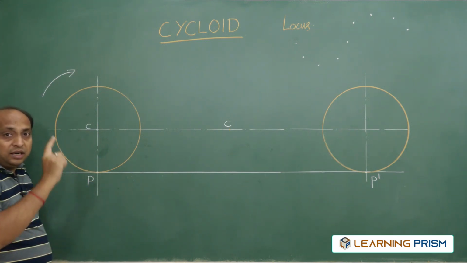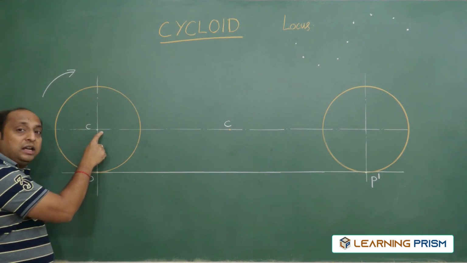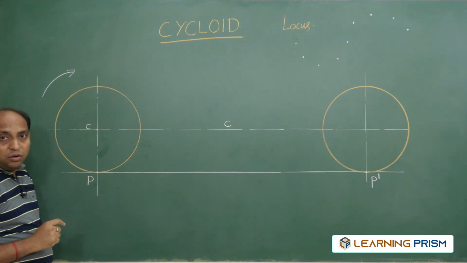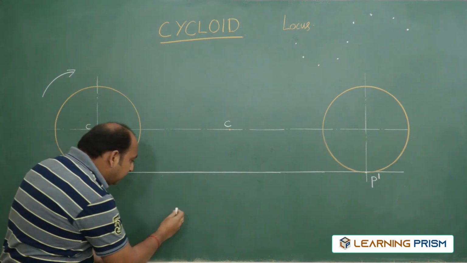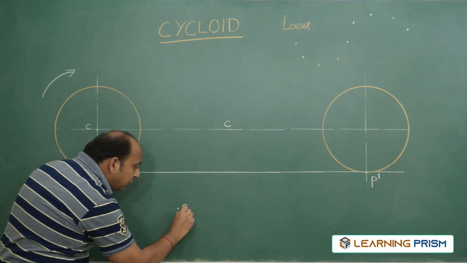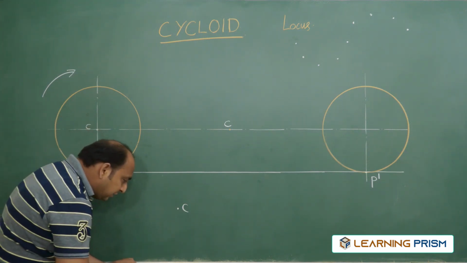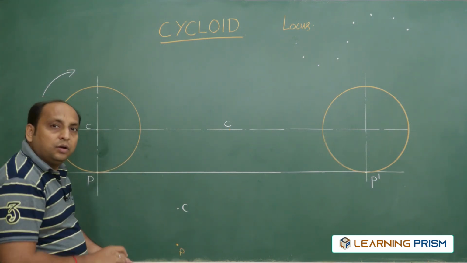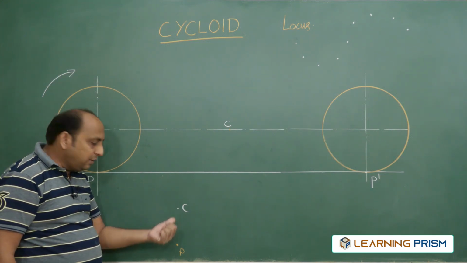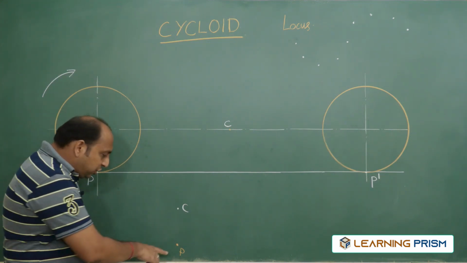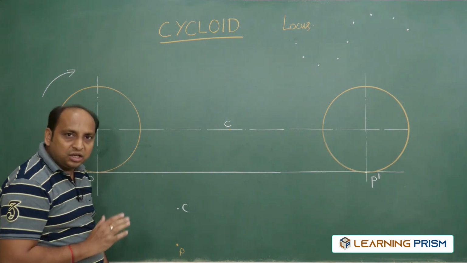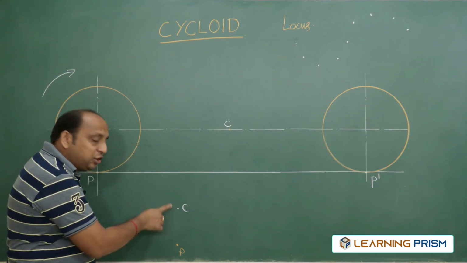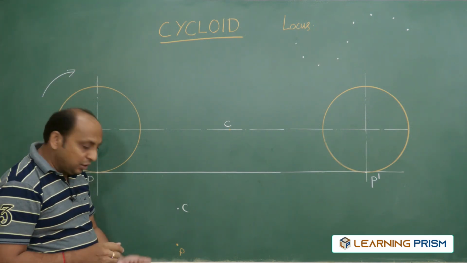That is the condition: the distance between the fixed point and the moving point should be equal. So point C and point P. P should be moving in a path with the condition that the distance between C and P should be the same.